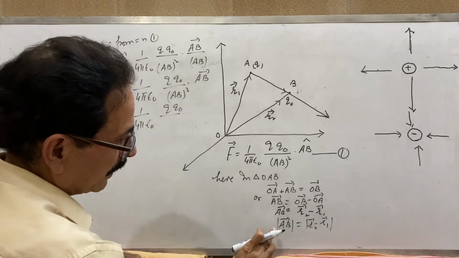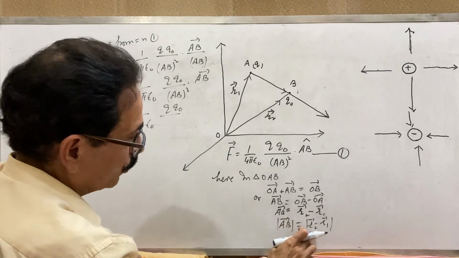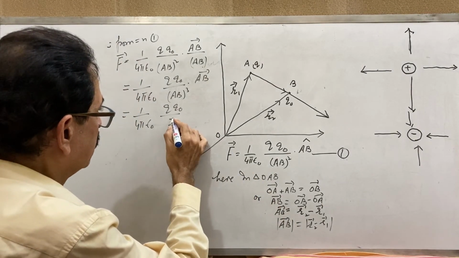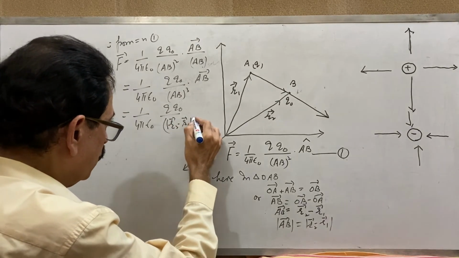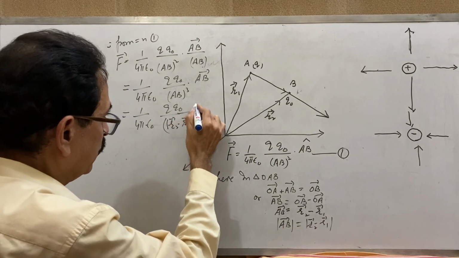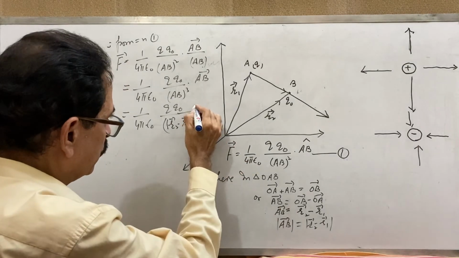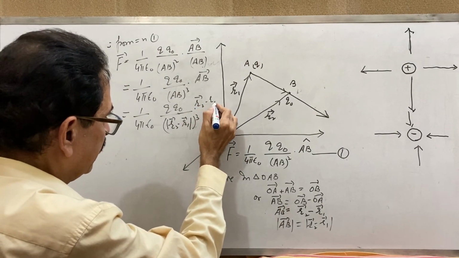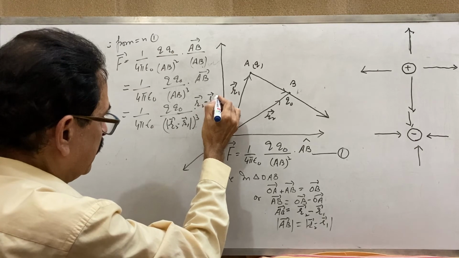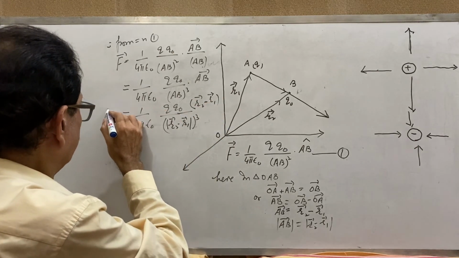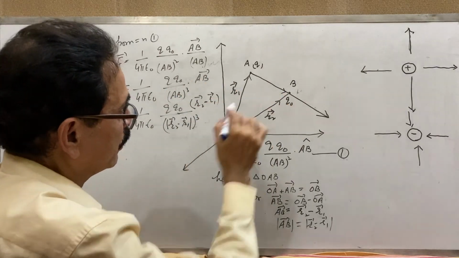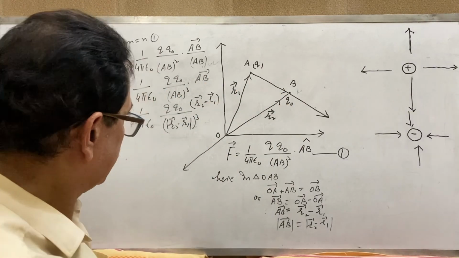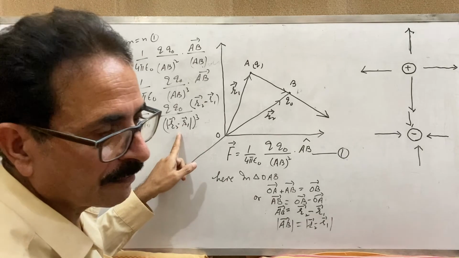This AB magnitude is R2 minus R1, which is magnitude only, whole cube, into AB vector is R2 minus R1. This is what we say the force. The force between the two charges in terms of position vector.